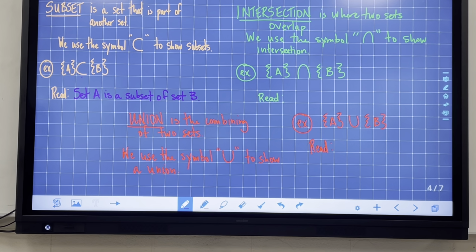Next, in green, we have intersections. All right, so an intersection is where two sets overlap. All right, so an intersection here, another modern day analogy. 7A homeroom teachers and upper school history teachers.